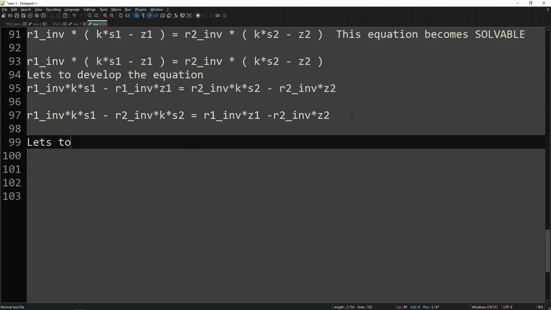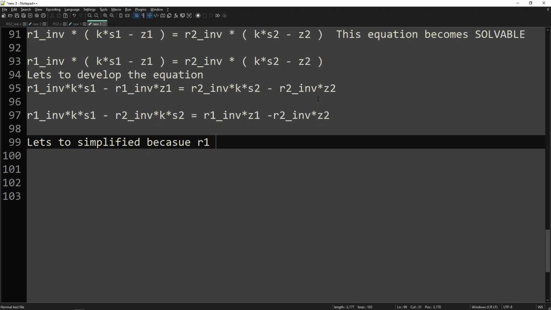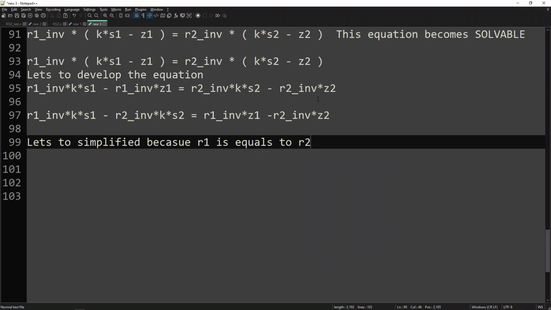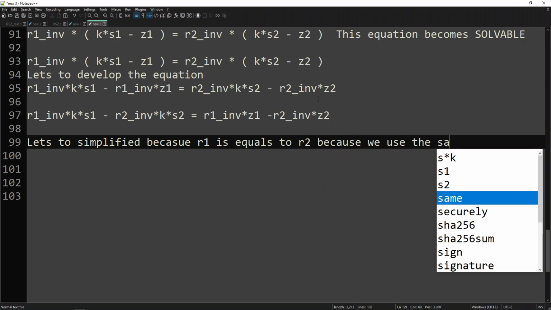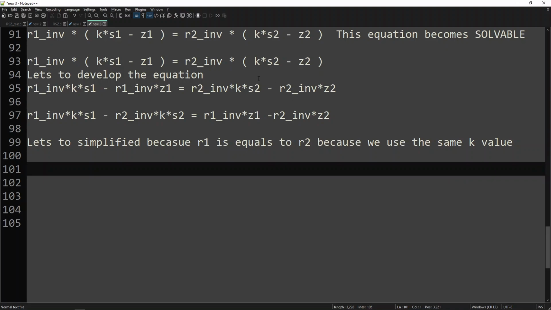Let's simplify because R1 is equal to R2, because we use the same key value. Okay, I hope you followed at this point, guys. Thank you for joining.